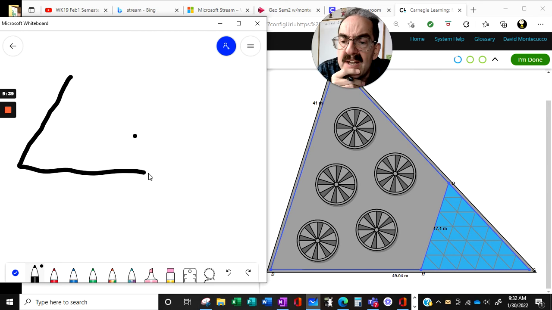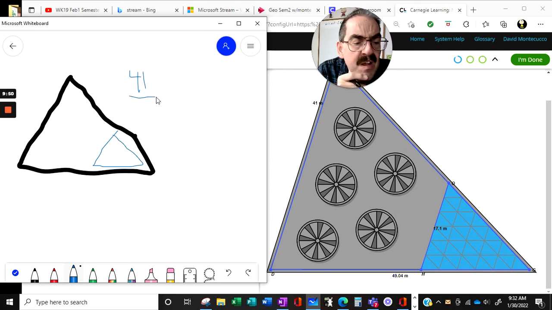So we got this big guy, and we have the little guy, right? Okay, so we have the 41 goes to 17, as 49 goes to X. I apologize there. I'm not getting my pen to work, so I'll have to work on that.